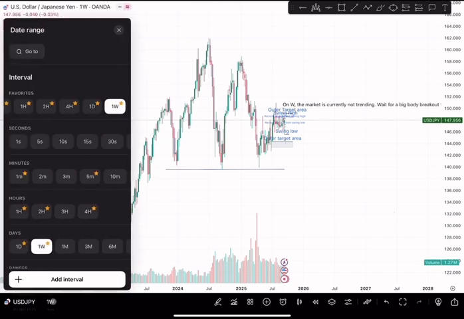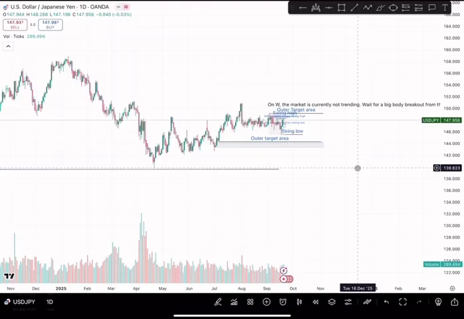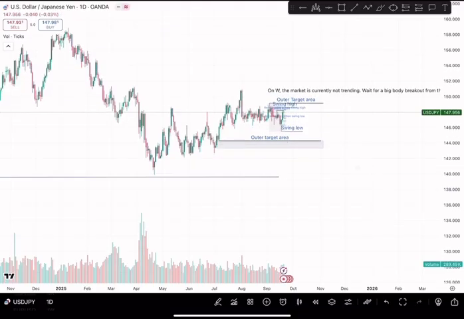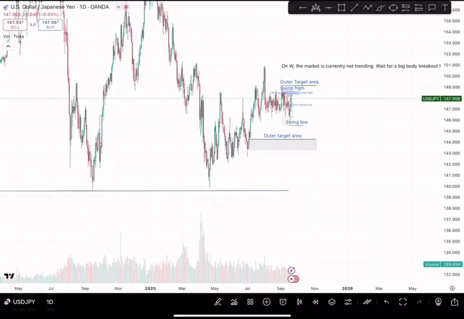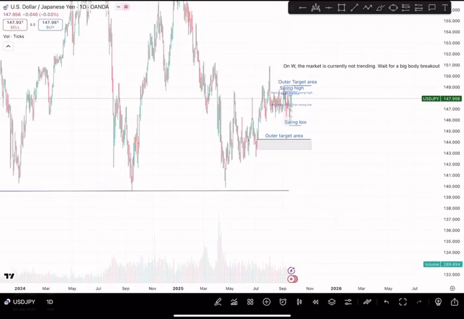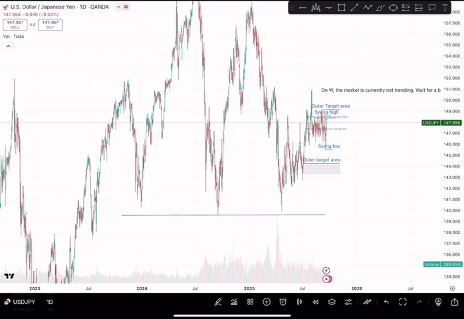So let's go now to the 1 day. On the 1 day, usually I would check for equal lows.